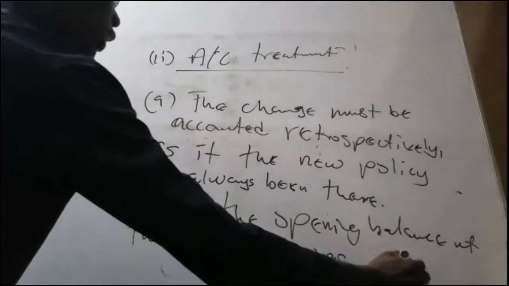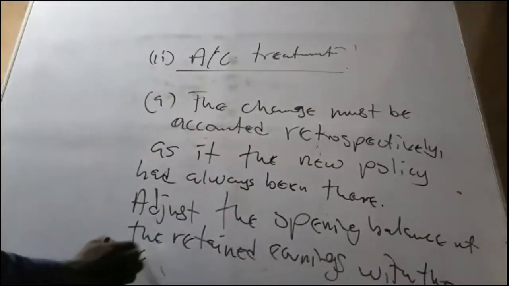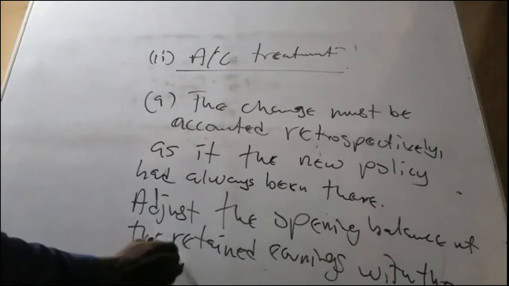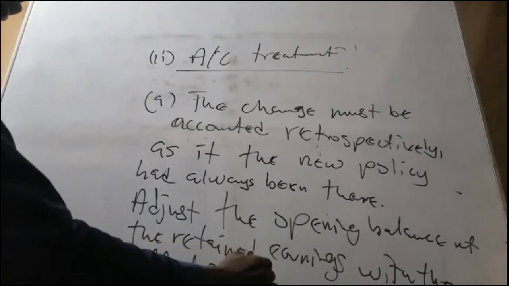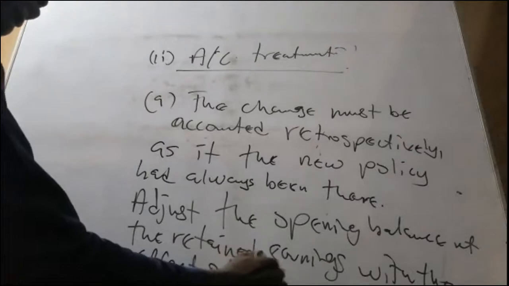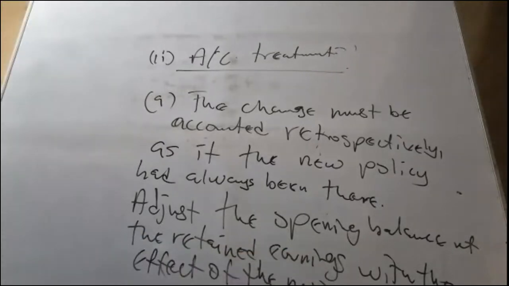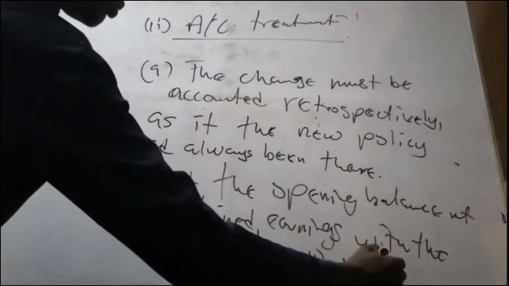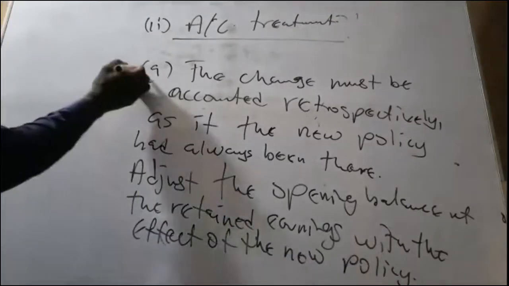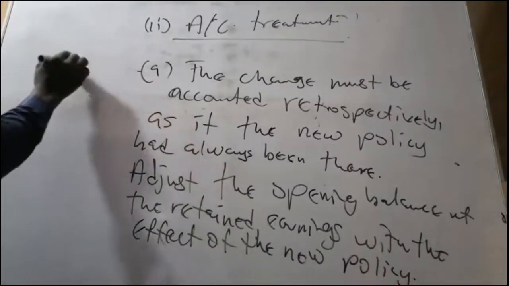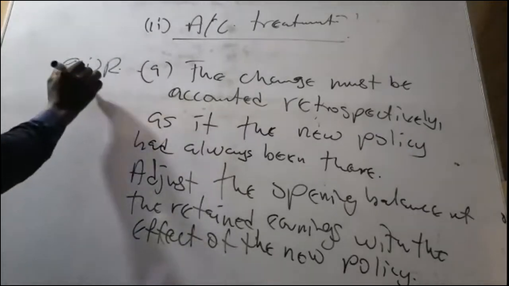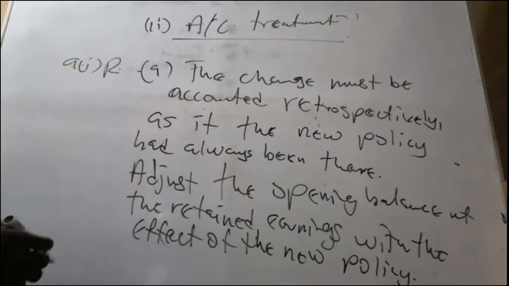With the effect of the new policy. So in short, for point A, just tell the examiner first, retrospective application; second sentence, it must be accounted for.